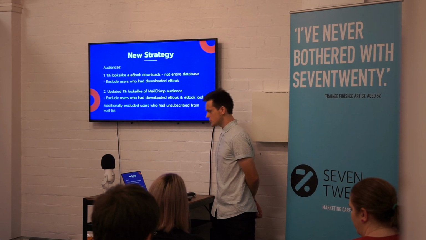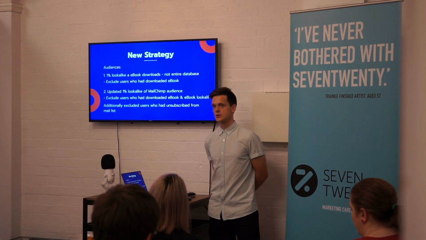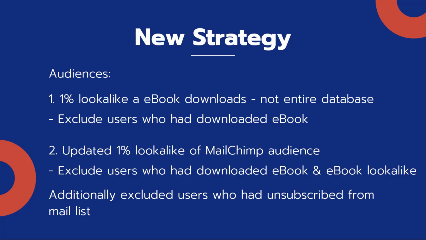So the new strategy that we created was to target 2 new audiences. We were going to have 2 campaigns on a campaign level, one of which, now that we've generated 9,000 leads, was a lookalike of those users from that lead generation campaign.